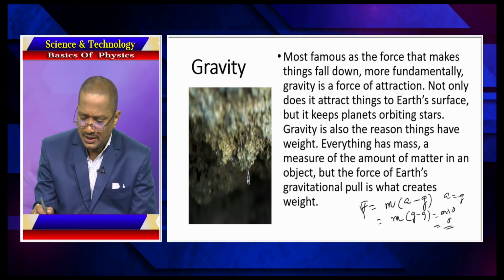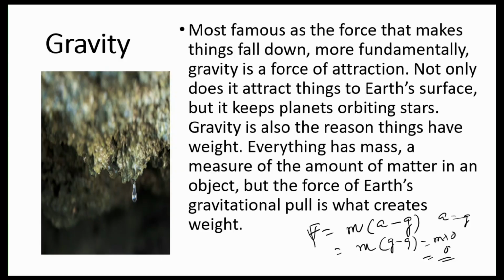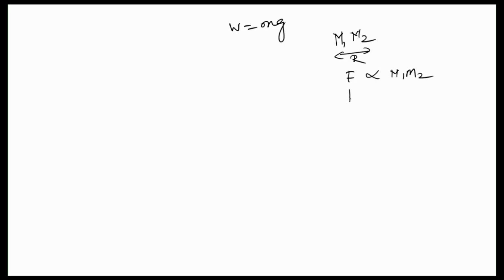A very important thing: for example, we take a celestial body having mass m1 and another celestial body having mass m2, and the distance between these two is r. Then the universal force F is directly proportional to m1 m2, and F is proportional to 1 by r square.